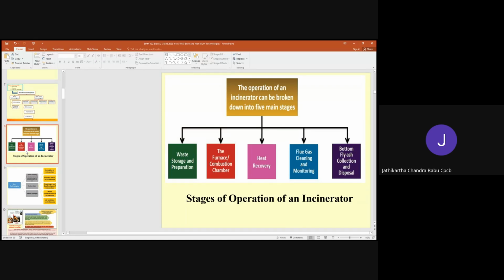Then in the process, you can also try for heat recovery. Generally, heat recovery is not practiced in most of the common facilities in the country. Only somewhere in Srinagar I have seen a common biomedical treatment facility recovering the steam.